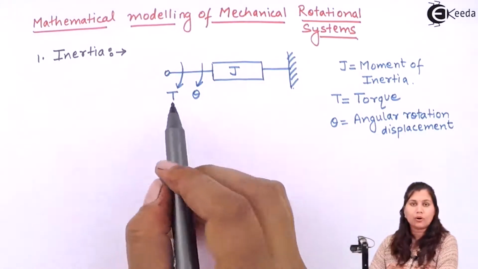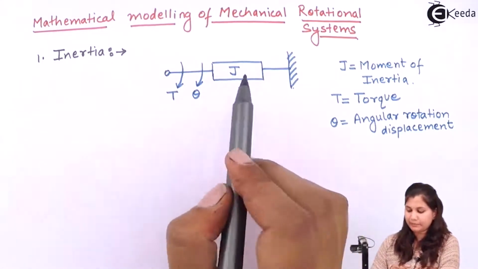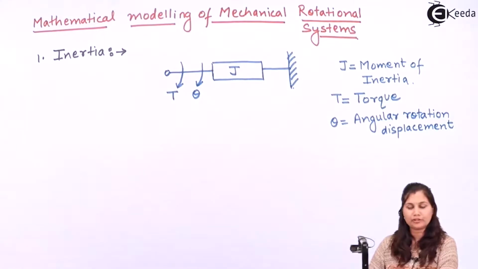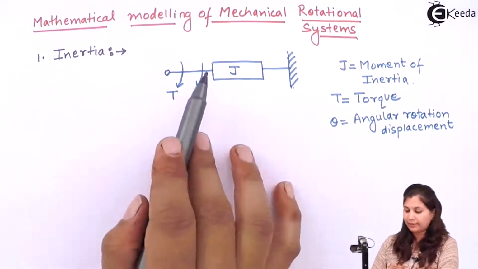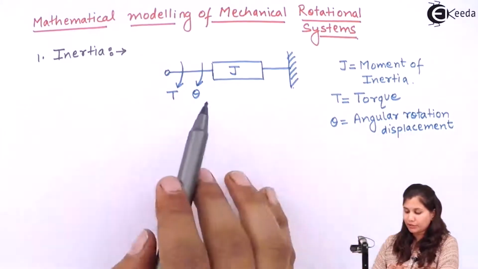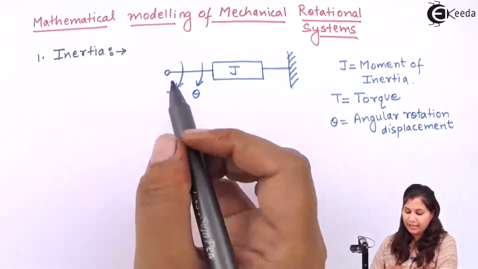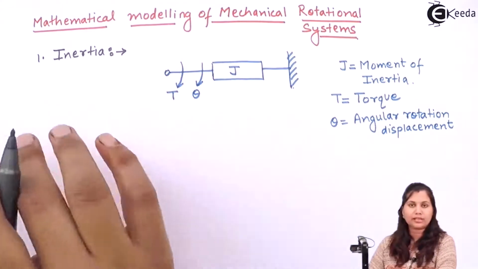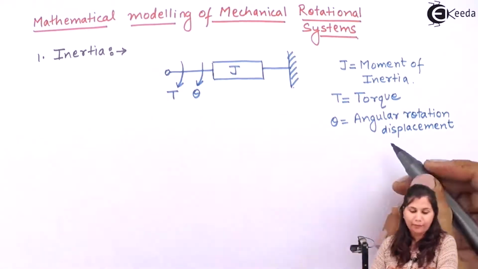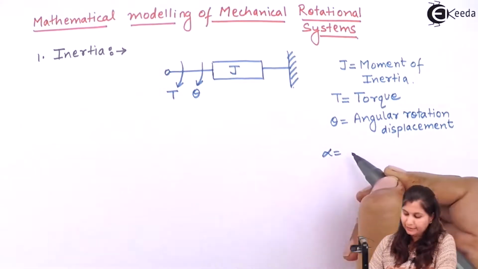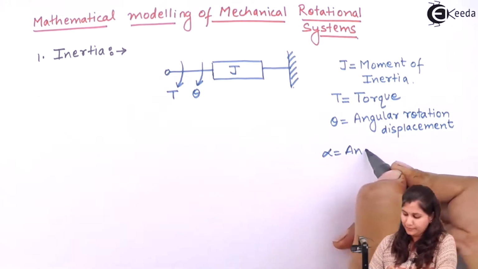Now, when a torque is applied on this element having moment of inertia J, then this element will be rotated and this angular rotation will be given by theta, and this torque will produce an angular acceleration given by alpha. So, alpha is the angular acceleration.